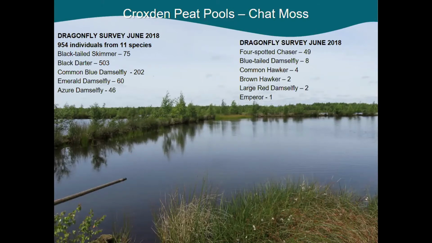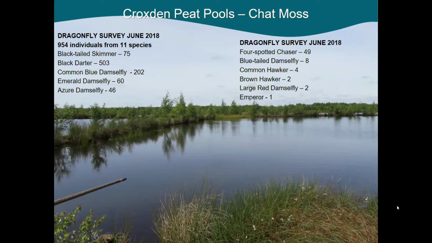Black-tailed skimmer is a relatively new species to Greater Manchester, so to get a count of 75 was really impressive. But looking at some of the other numbers, not surprising given that this is mossland, he recorded 500 black darters, which is pretty impressive.